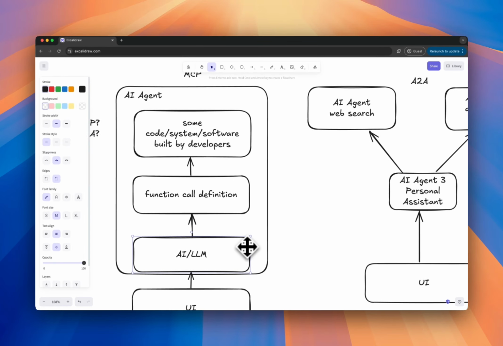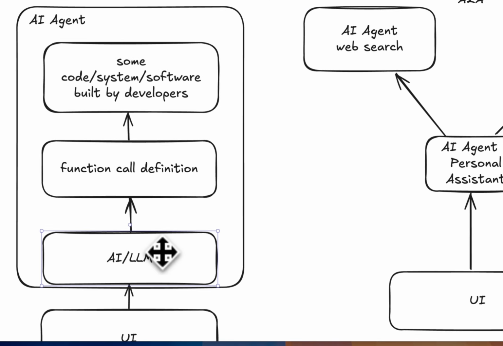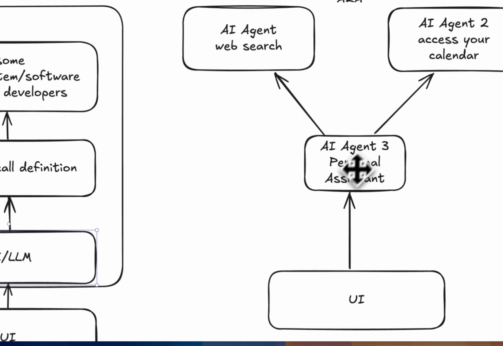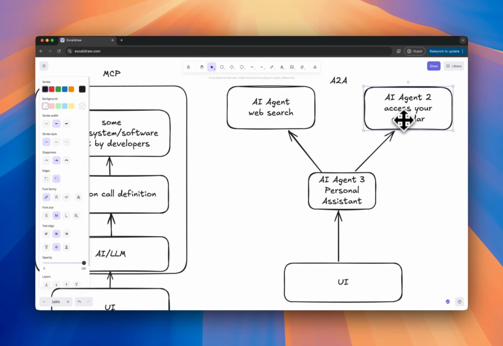For example, a way for AI to go and do a Google search so that we can have an AI agent that can do a web search, or an AI that can access your Google Calendar so that we can have an AI agent with access to your calendar. That's what MCP defines. When we want AI agents to communicate with each other, that's where A2A comes in. Both of these are protocols or standards, a way for everyone building these types of systems to follow the same standards, so that whenever different systems interact with each other, it's all standardized.